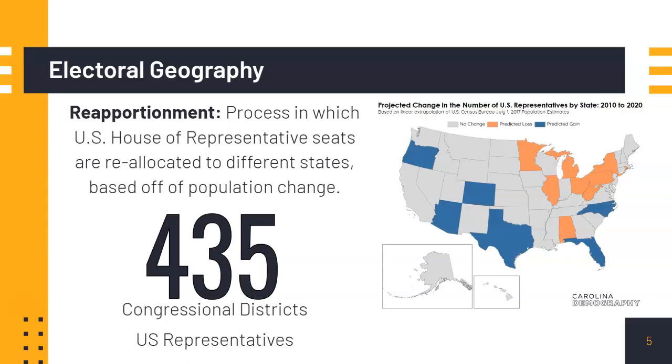This ensures that each district has roughly the same number of people, which is essential for fair representation in Congress. Understanding electoral geography helps us grasp how political power is distributed and how it changes over time, shaping the political landscape at both the state and national levels.